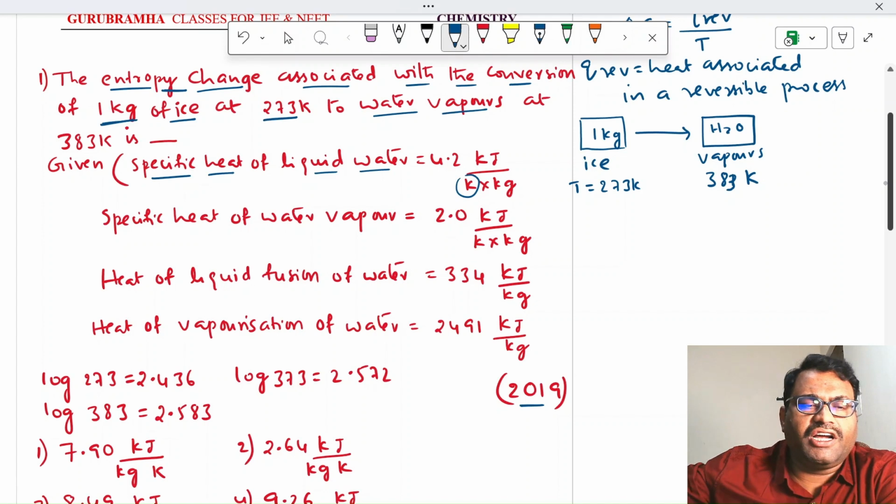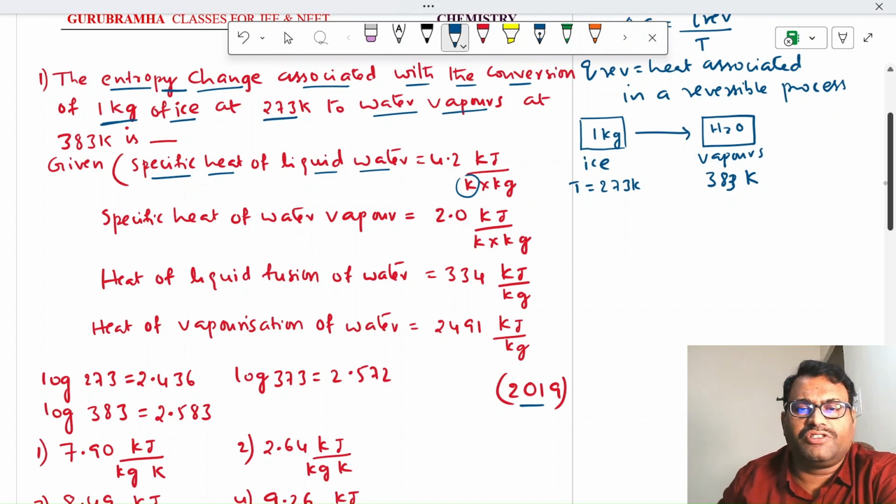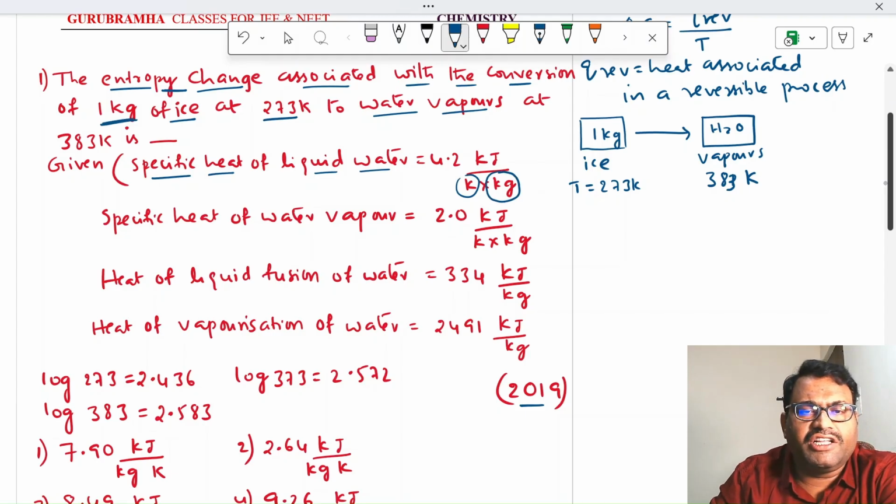They did not give it in number of moles, they gave it per kg. So 1 kg of ice is taken and these values are also given per kg. In the same way, specific heat of water vapor is also given per kg.